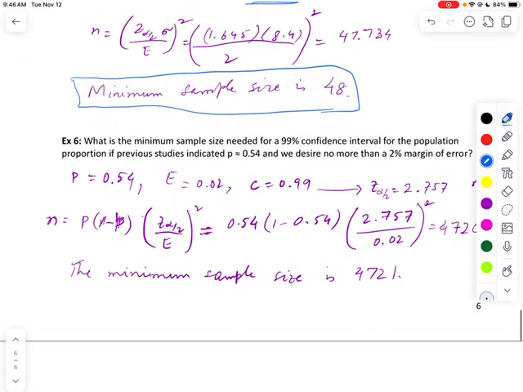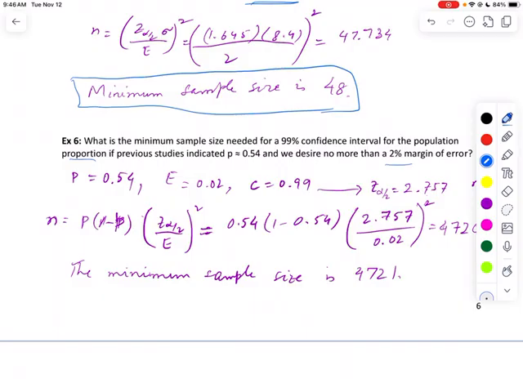The second example is saying: what is the minimum sample size needed for a 99% confidence interval for the population proportion if previous studies indicate P equals 0.54 and we desire no more than 2% margin of error.